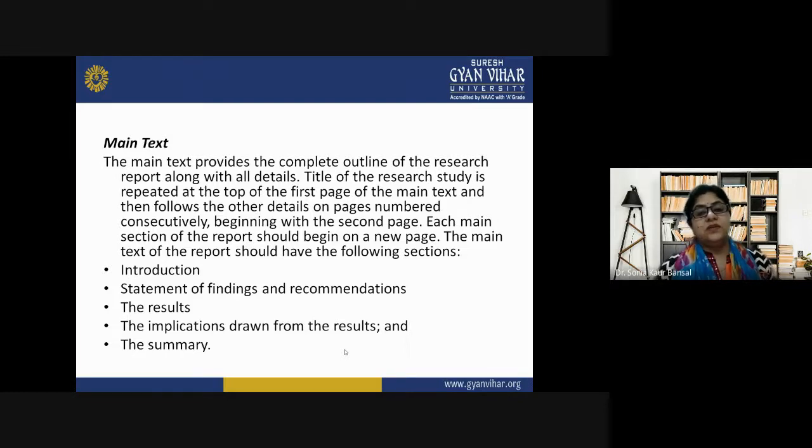Each main section of the report should begin on a new page. So the main text of the report should have the following sections: introduction, statement of findings and recommendations, the results, the implications drawn from the results, and the summary. So this is how it is done.